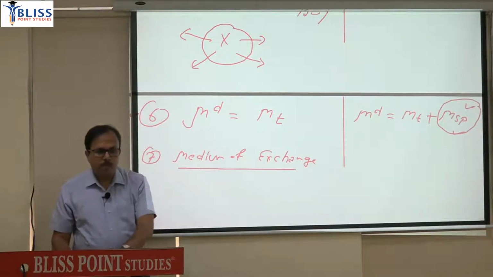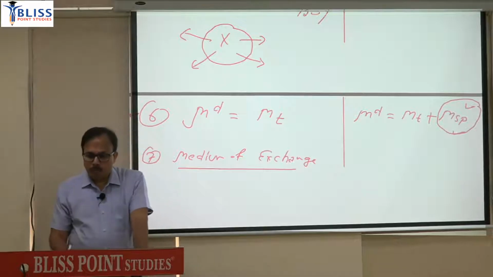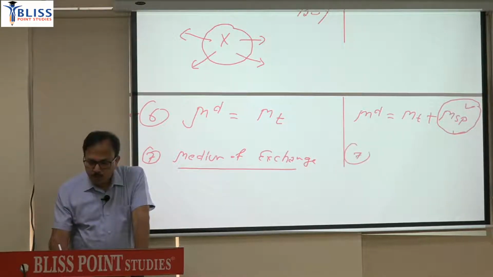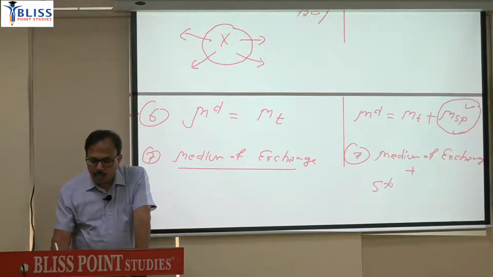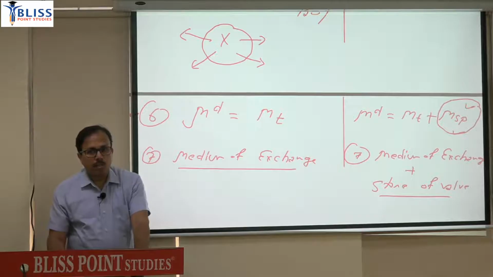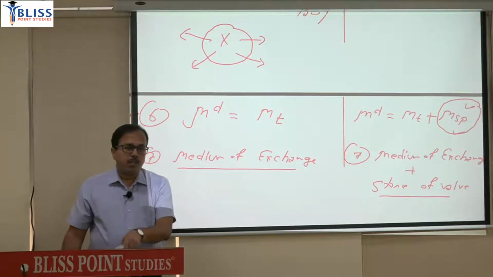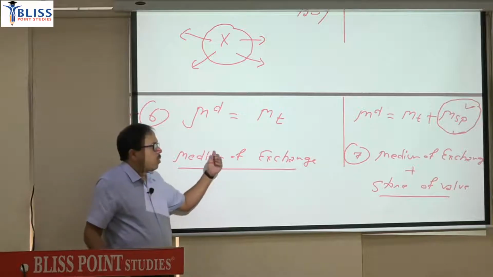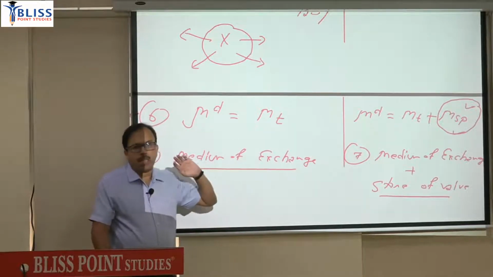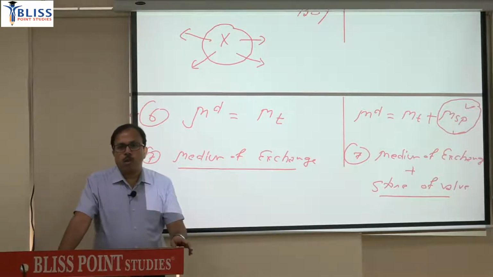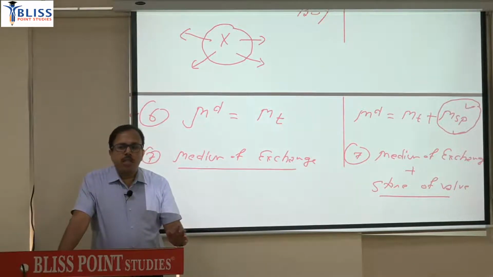In the Keynesian view, money acts as a medium of exchange plus money also acts as a store of value. Money has different functions, but the classicals only believed in the medium of exchange, and Keynes said that it is acting as a medium of exchange, but money also acts as a store of value. There are different reasons for keeping money. So for example, suppose why you keep money in a fixed deposit.